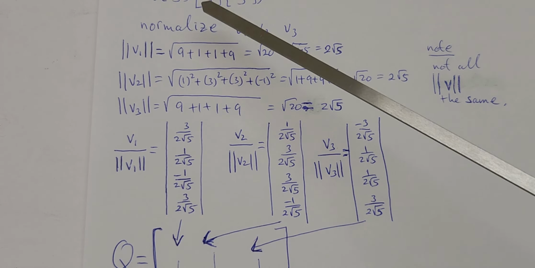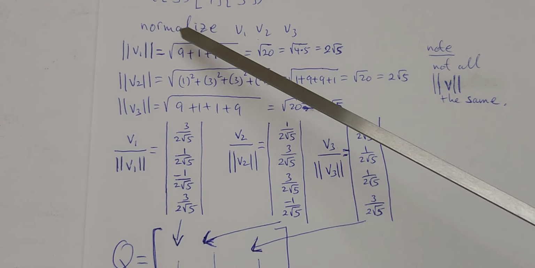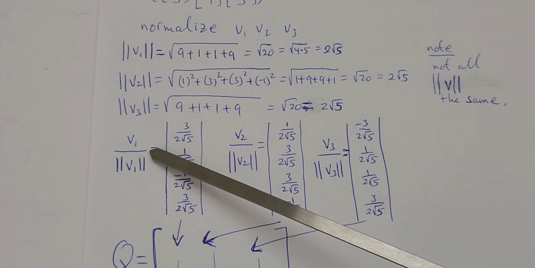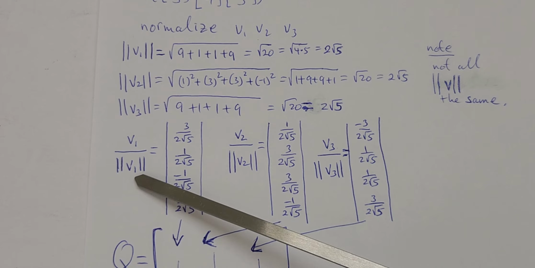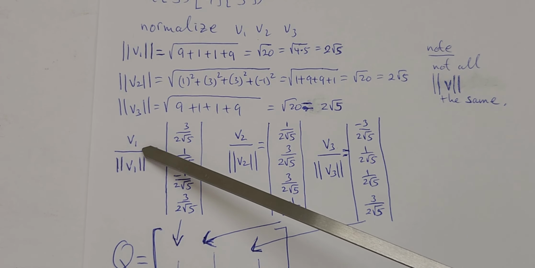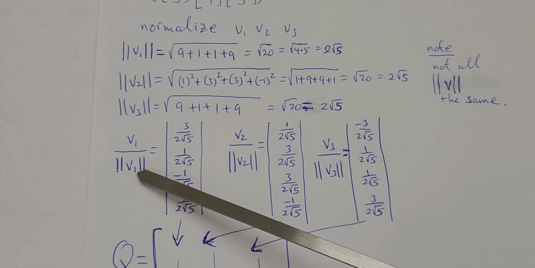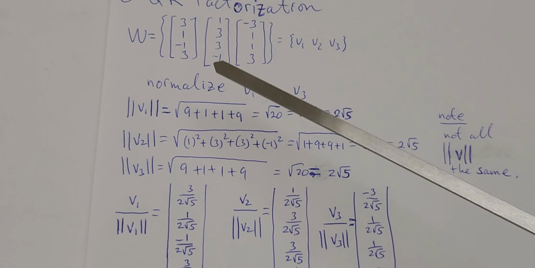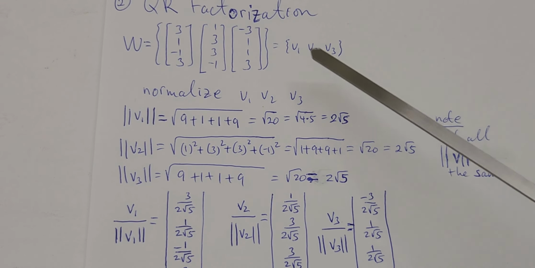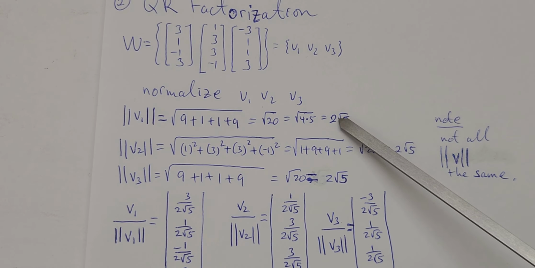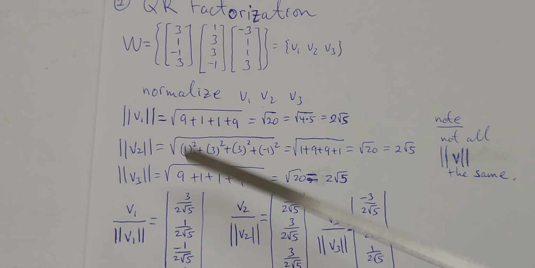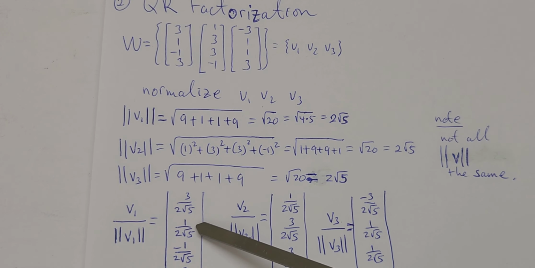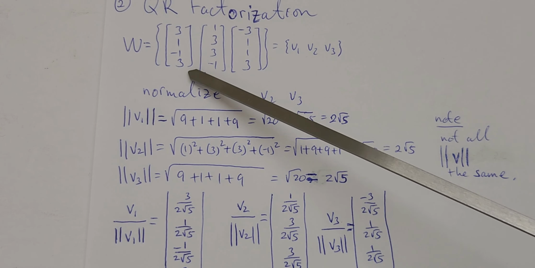One more time, the real normalization is to take V1 and divide by its magnitude. So 3 divided by 2 square root 5, which is here. 1 divided by 2 square root 5, which is here. And you go all the way through.